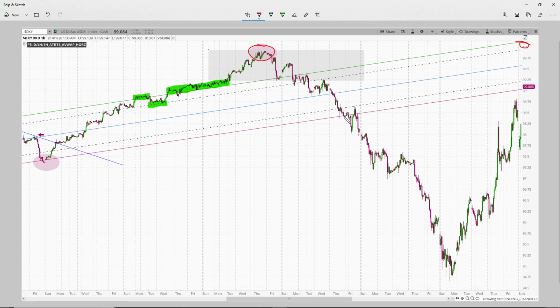And with a consistent rejection of each of these coefficients, not being able to blast through the point of control, not being able to get up over the 1.0 coefficient, and a tough time for bulls to get back up into this channel, this is a clear sign that this is probably a safe entry for a short setup.